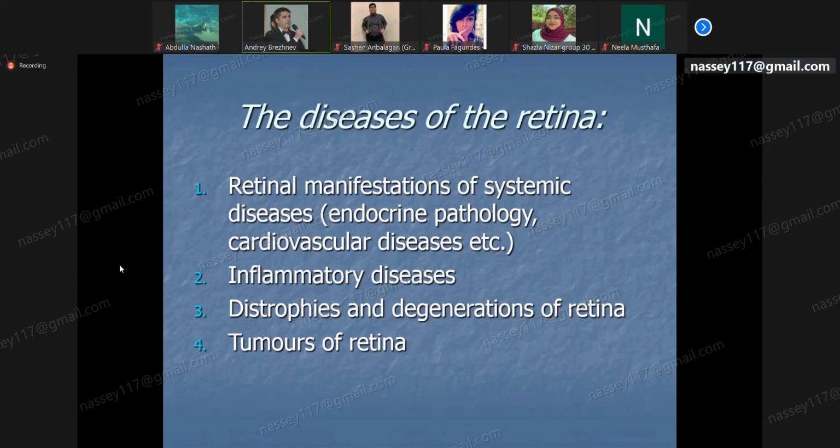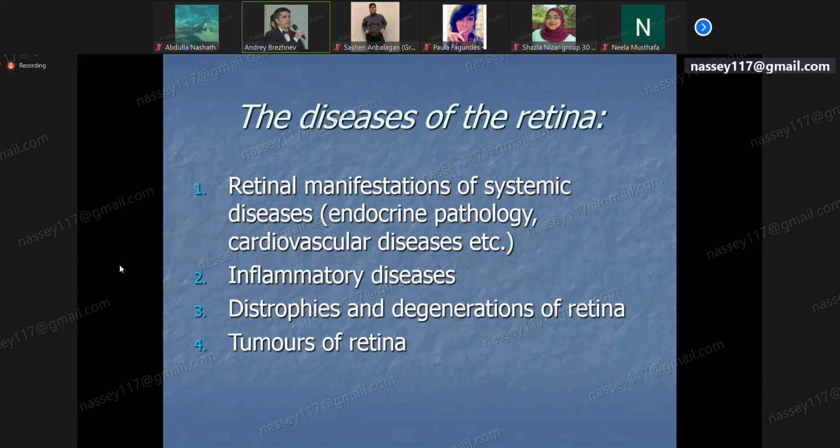Another group of disorders which may cause changes in the retina are inflammatory diseases. Inflammation of the retina, or inflammation of the choroid, or usually we can see combined inflammation of both these structures, the so-called chorioretinitis, of different etiological factors.